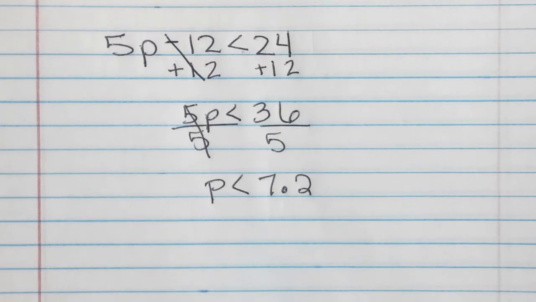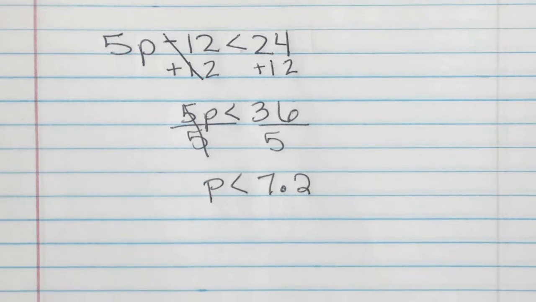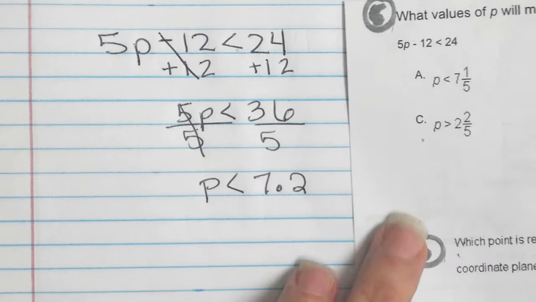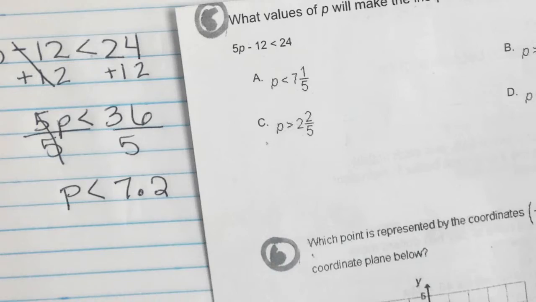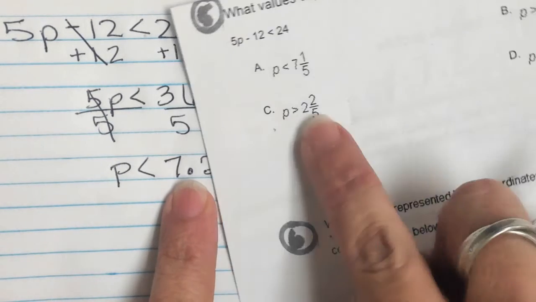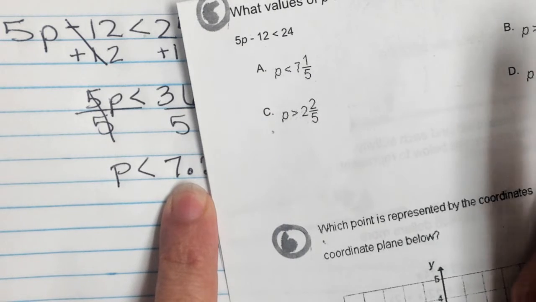Now, I once again kind of went, ugh, why did I just get that? But I realized the only difference is a decimal and all these answer choices were fractions.